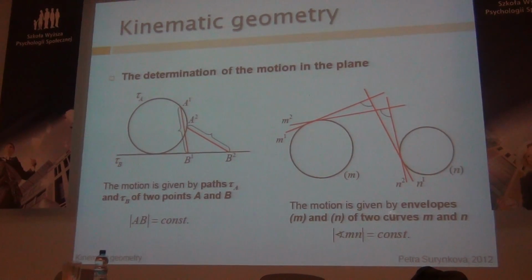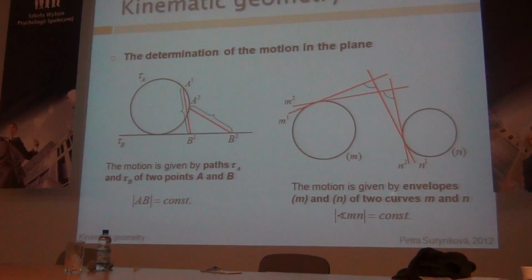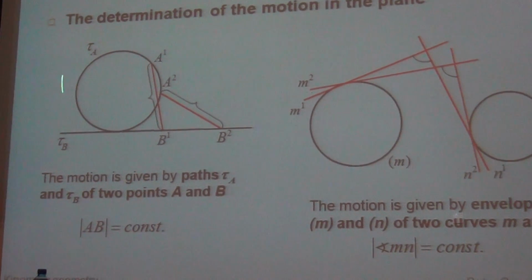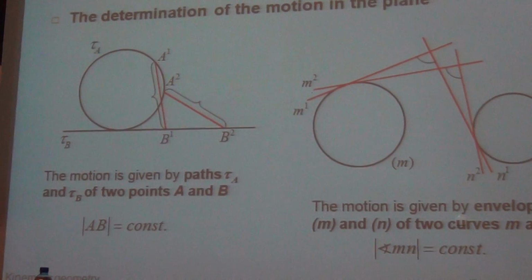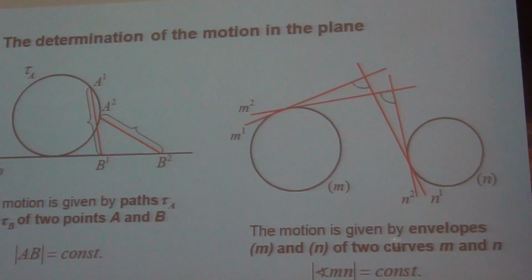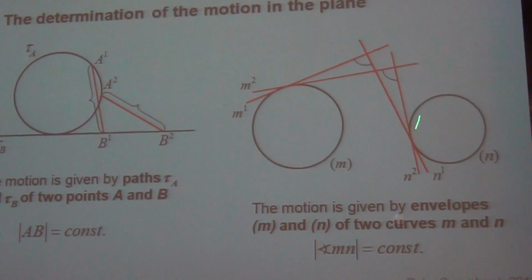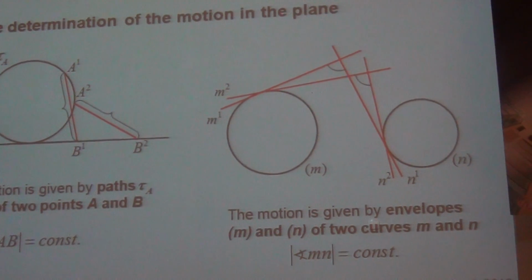For example, by two paths of 2 points, it's the example on the left, or by two envelopes of 2 curves, for example, 2 circles. This is this example.